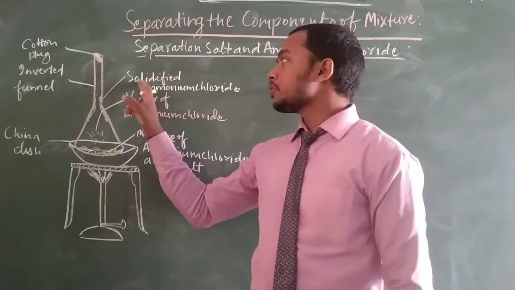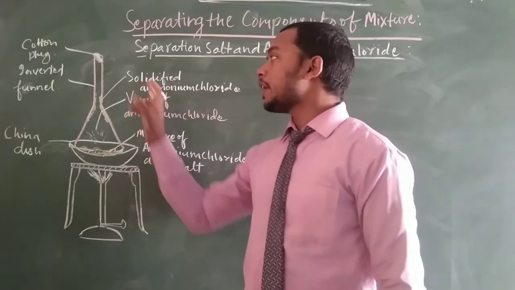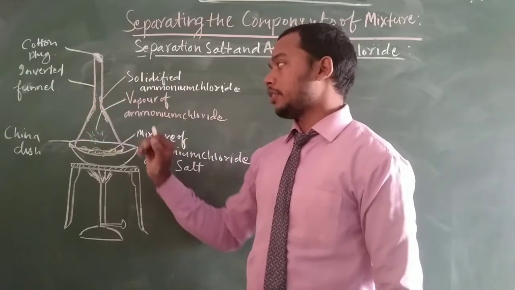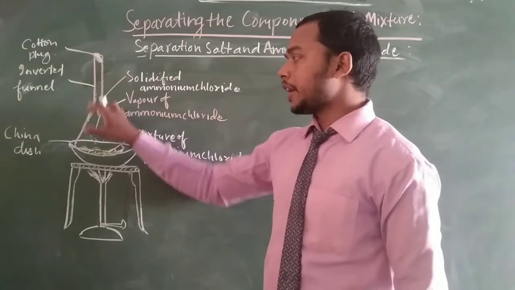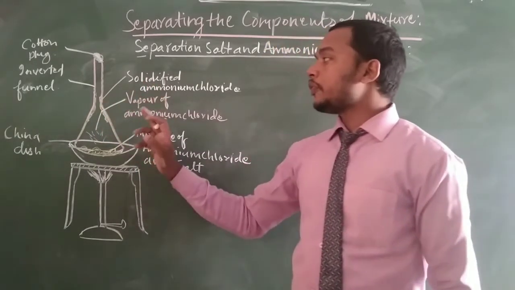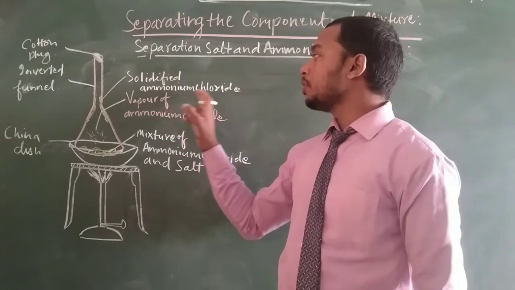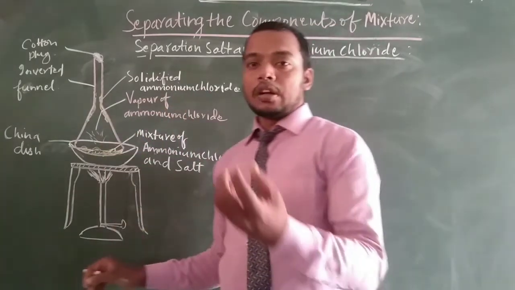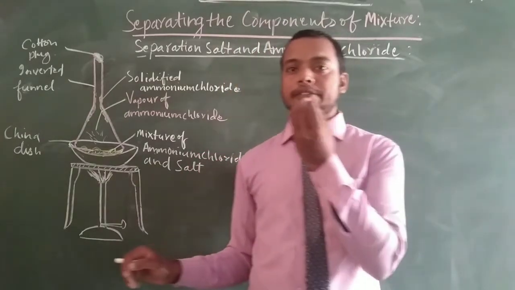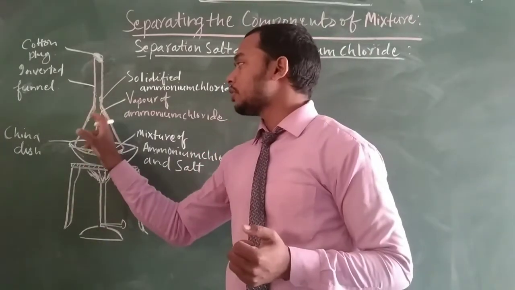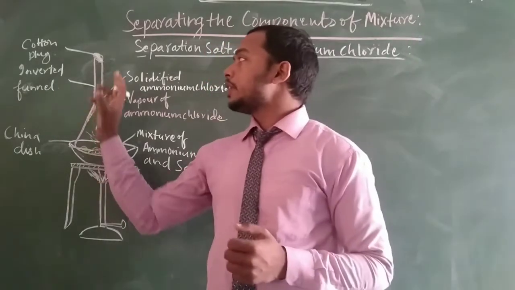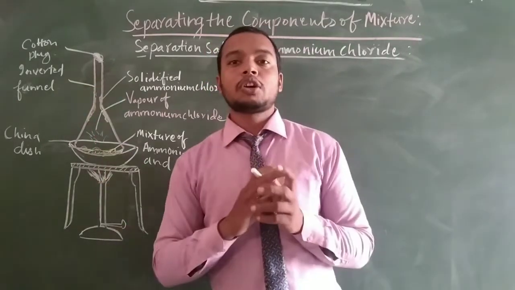After some time this vapor gets solidified on the neck of the inverted funnel. Here in this neck region of the inverted funnel, the solidified ammonium chloride has been found, like some aggregation, a solid-like substance sticking on the neck of the inverted funnel, which is blocked by cotton.